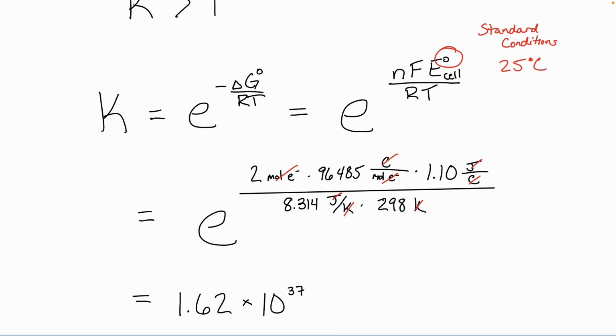Is that a big number or a little number? That's an absurdly large number, 10 to the 37. This is a reaction that ridiculously favors the products, which is what we would expect with such a large negative delta G value, in the hundreds of kilojoules. So all of these point to the same idea: this very favorable reaction will proceed towards the product side.